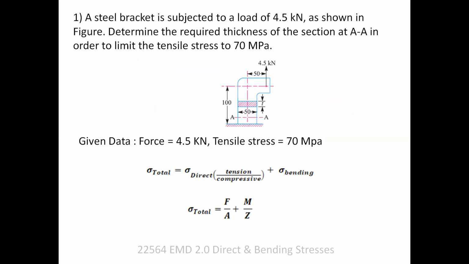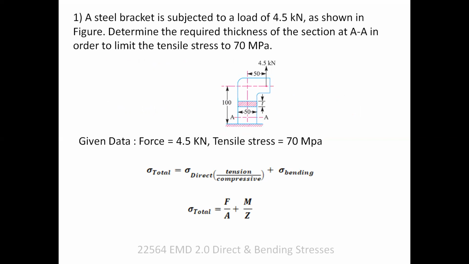So look at that particular problem statement. A steel bracket is subjected to a load of 4.5 kilonewton as shown in the figure. Determine the required thickness of the section at AA in order to limit the tensile stress to 70 megapascal.